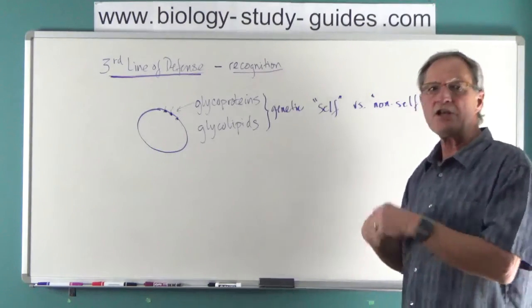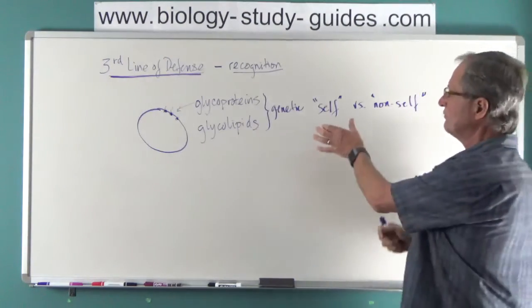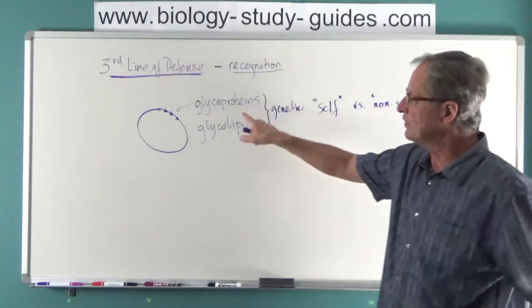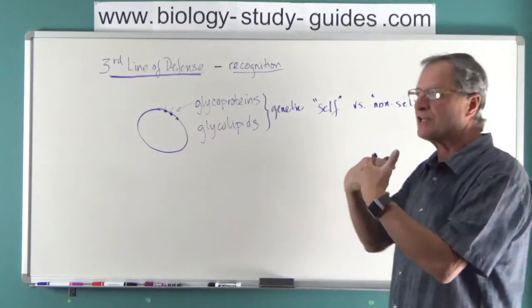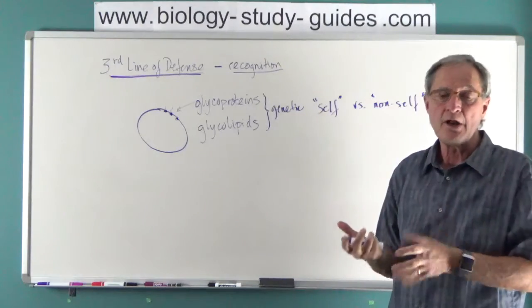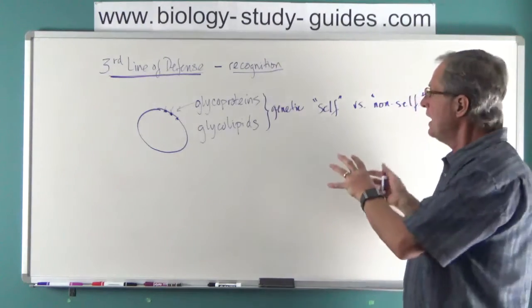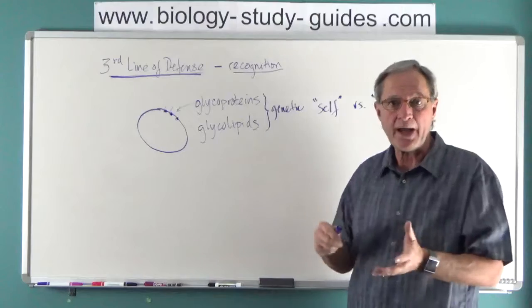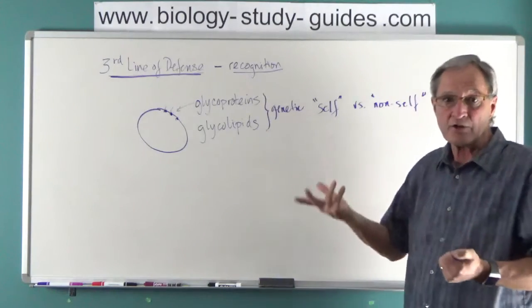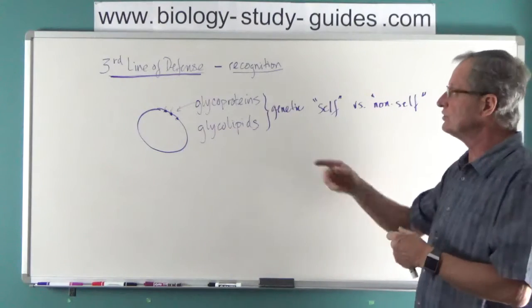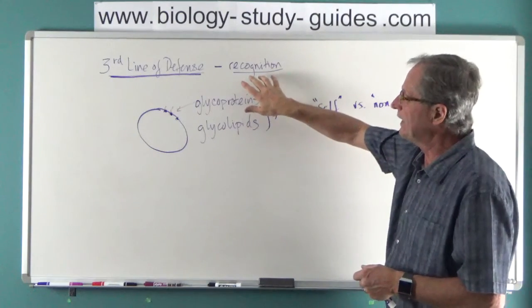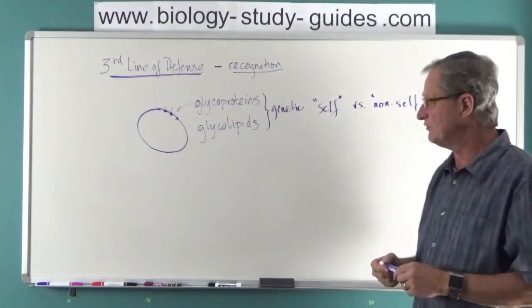So a cell that's in your body that is part of yourself will have the appropriate glycolipids and glycoproteins on its surface. A cell which is foreign, not part of your body, not genetically produced by your system, an invader, if you will, is non-self. And it's that difference which provides the recognition in the third line of defense.